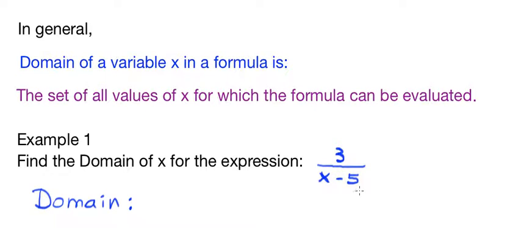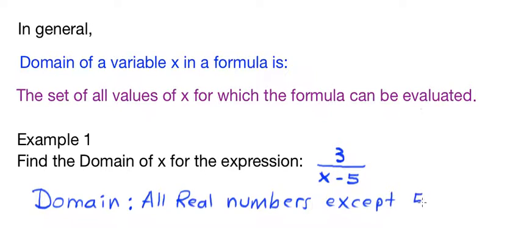Notice that the only value of x that will make this division undefined will be x equal 5, because 5 minus 5 is 0, 3 over 0 undefined, right? So the domain of this expression should be all real numbers except 5. Notice something. This number 5 is the opposite of this number, so opposite.